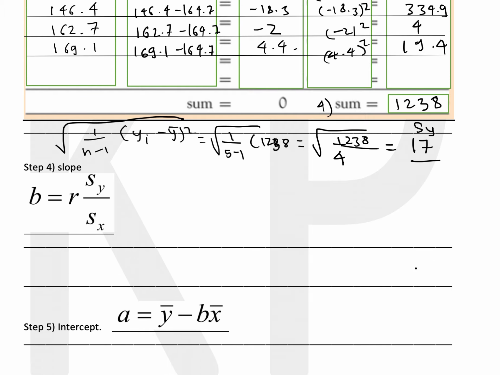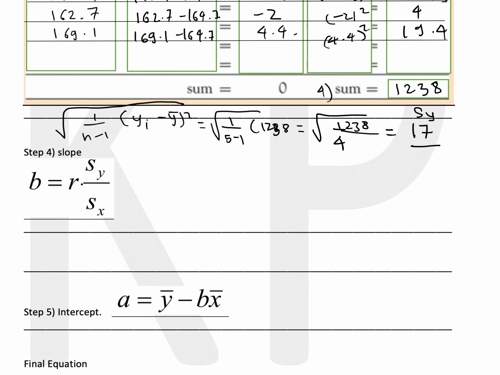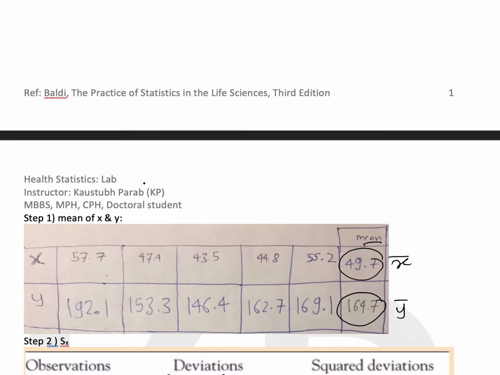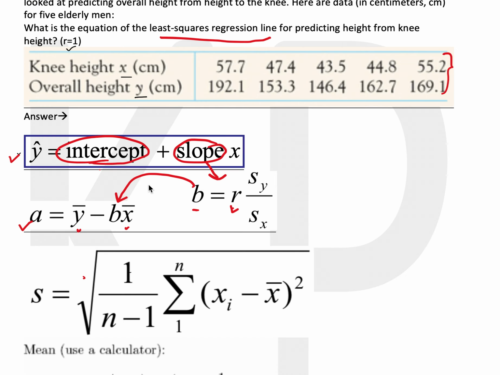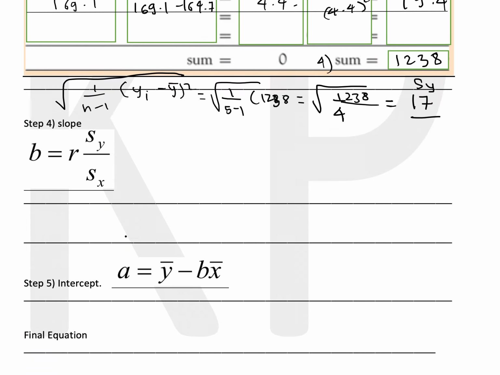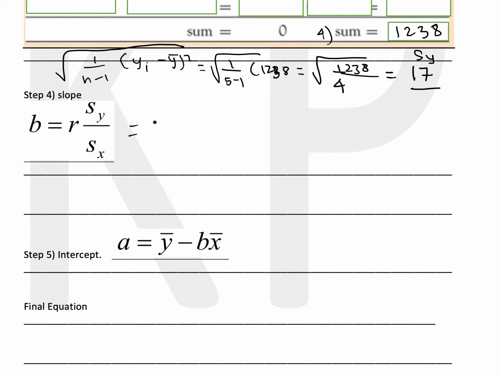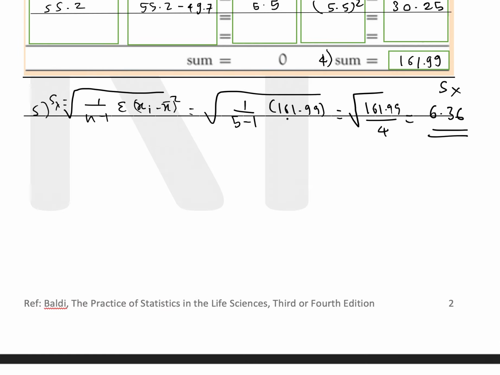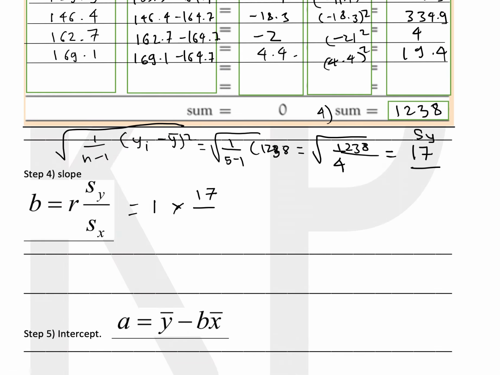So now you know s of x, s of y, r is given to you in the question stem. So just check, r is 1 given to you in here. So just substitute those values. R is 1, s of y is 70, s of x we got it from the previous step, 6.36.